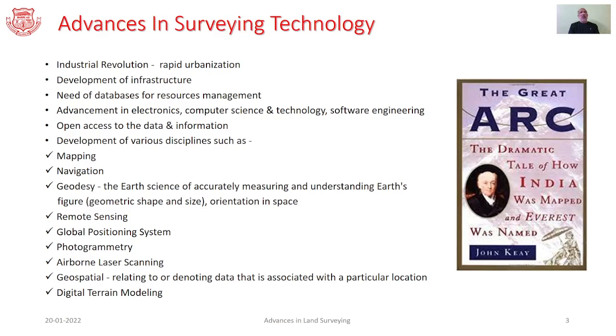As we move ahead through the series of our presentations, each of these techniques we are going to discuss further. But for the time being, how surveying technology advanced could be understood through these titles.